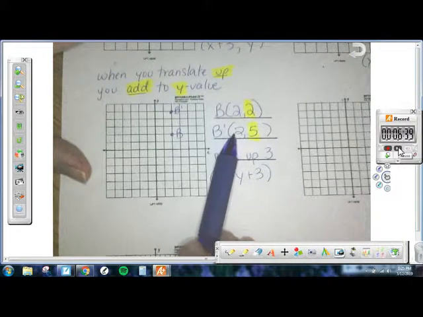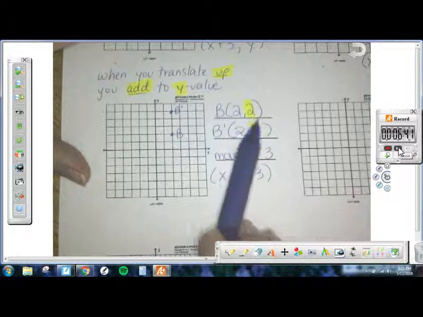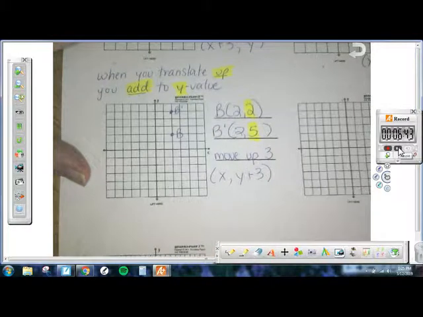Alright, so we're in our final example for today. And we're actually going to graph a trapezoid. Trapezoid DEFG. Where D is going to be negative 7, negative 8. E is negative 4, negative 8.